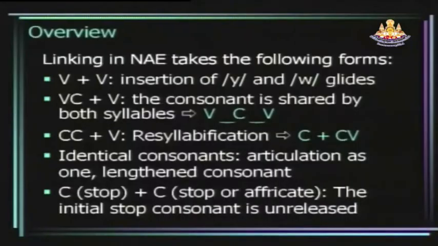And final rule, if we have a stop consonant at the end of the first word and either a stop or an affricate, you remember affricates ch and j, at the beginning of the next word, we do not release the first stop consonant. These are kind of complicated rules, so let me give you examples in a minute for each one of these.